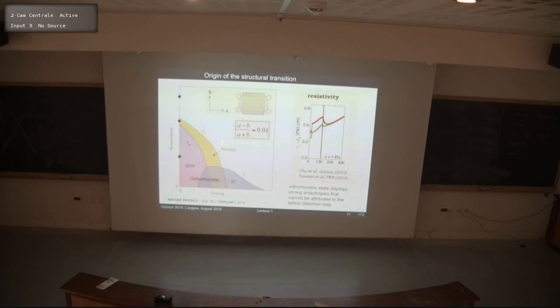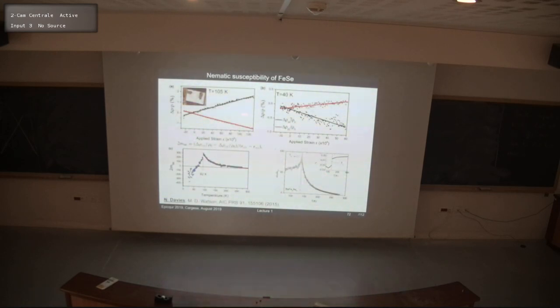So the lattice feels the transition, but because the effect which causes it, we think, is electronic, the lattice just responds to it. The changes in electronic behavior are much larger than the ones based only on a simple structural transition, and that's why it's believed to be an electronic-driven transition.